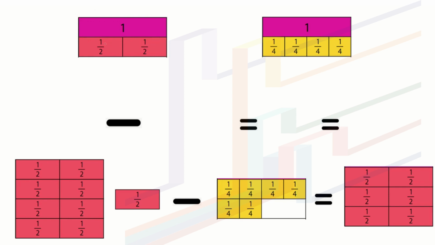And then we have 2 halves. So 2 halves mean 1 unit. 2 divided by 2 is 1, right? So over here we have 4 quarters. 1, 2, 3, 4 quarters. 4 divided by 4 means 1.